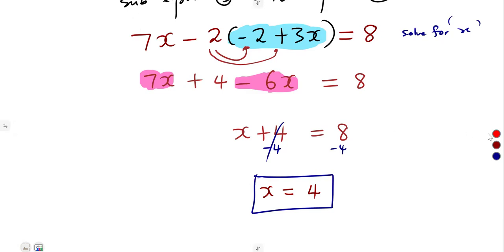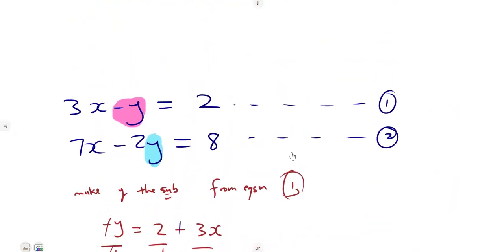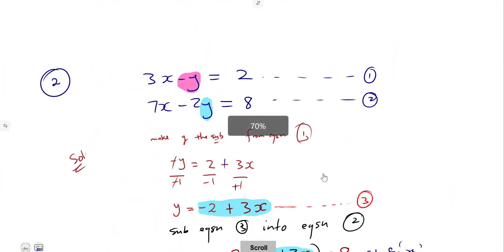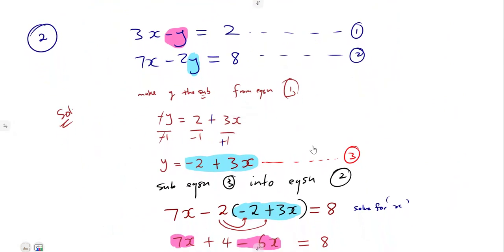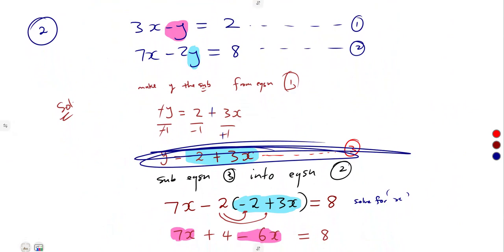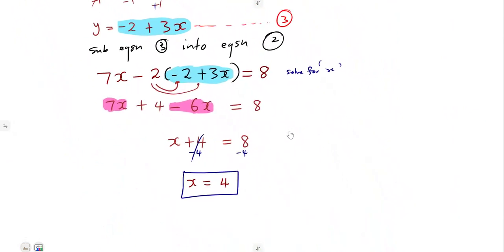With this value of x, if we are to substitute in any one of these equations, we are now obtaining the value of y. So you choose, guys, it is in your hands, but like I said, it will be easier for you to substitute in equation 3, where y is the subject. So that is what I'm going to simply use.